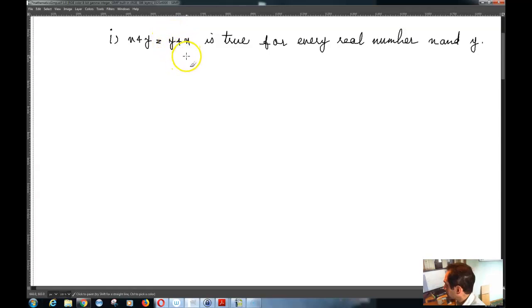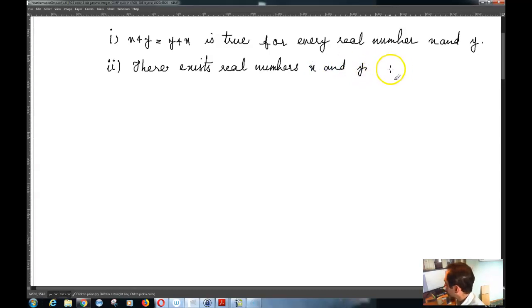The other statement, statement number 2, is there exist real numbers x and y for which x plus y is equal to y plus x.